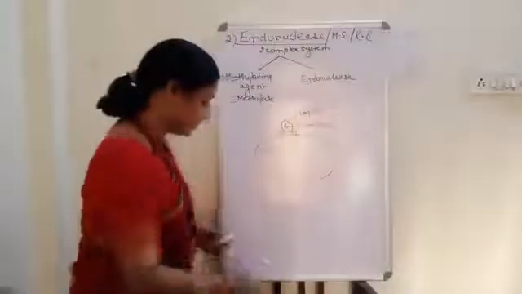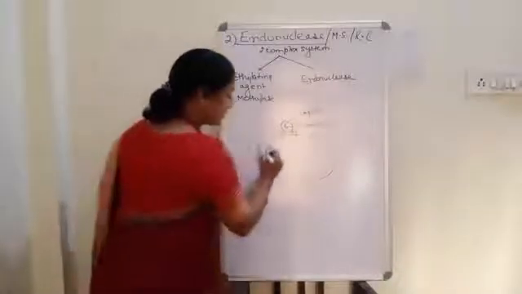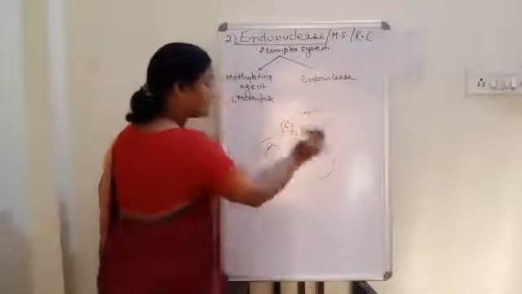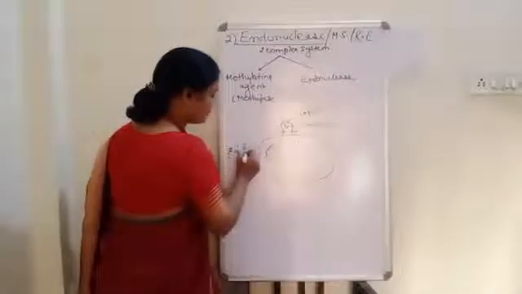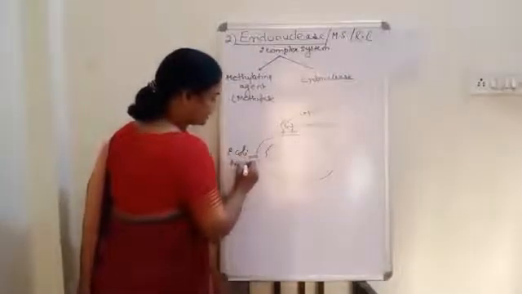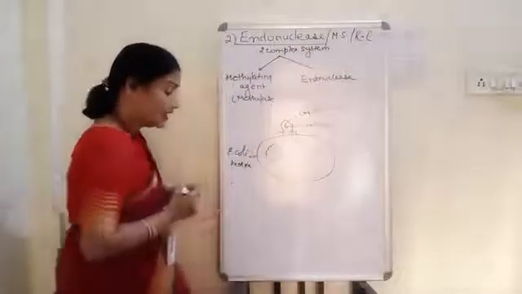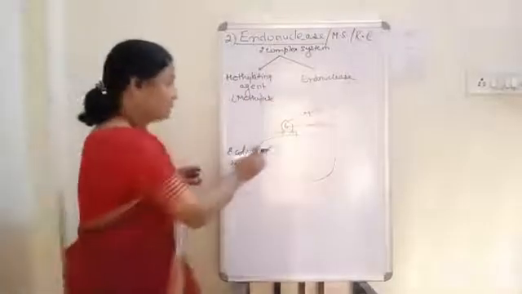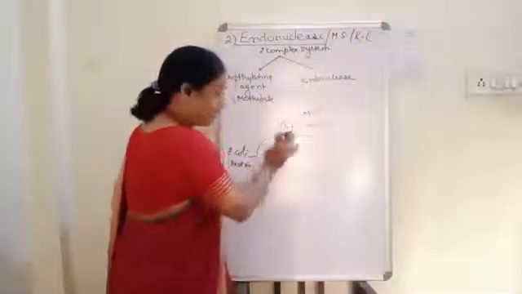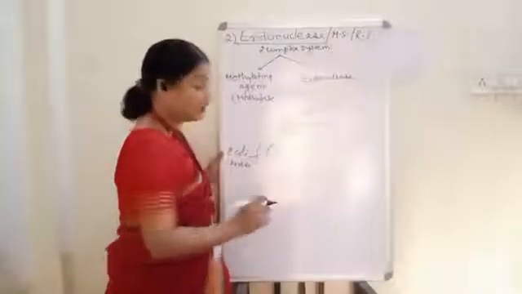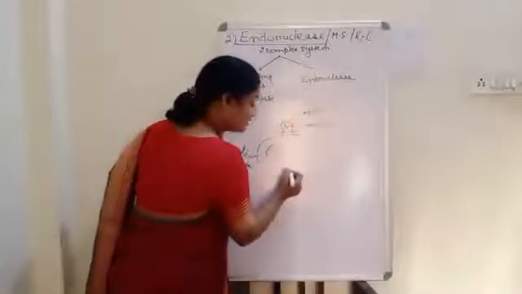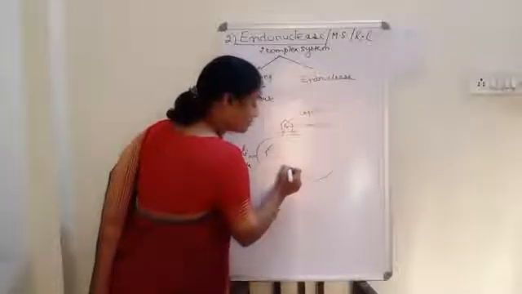Now what happens, children? This is the DNA of the host cell, that is our E. coli, our bacteria. This bacteria has its own endonuclease.